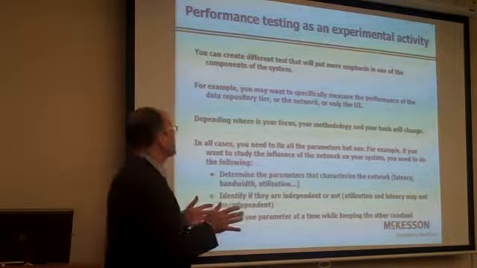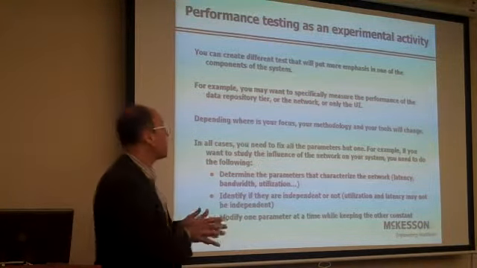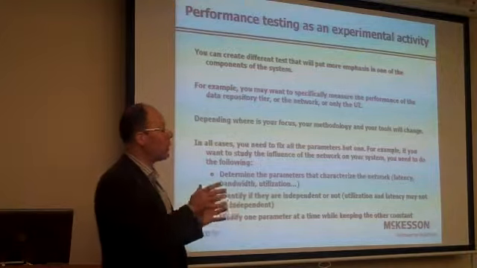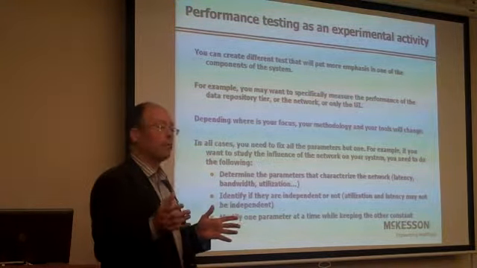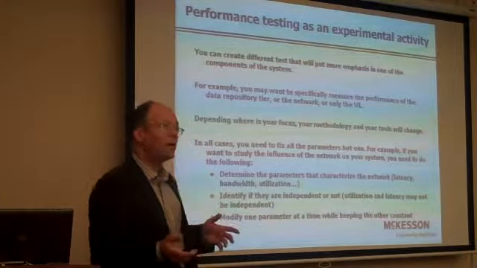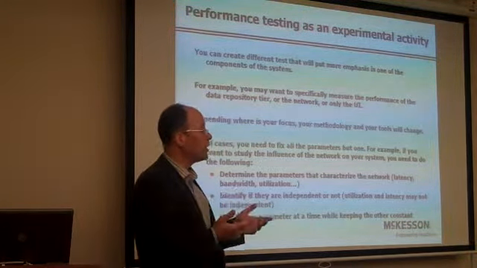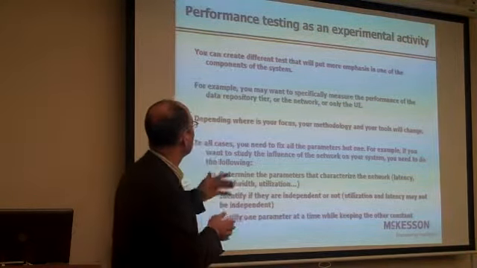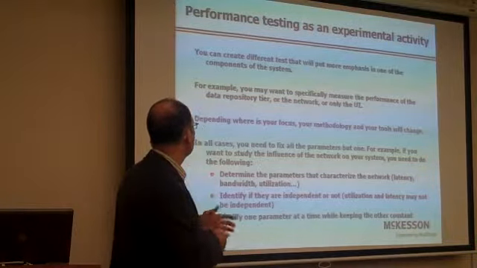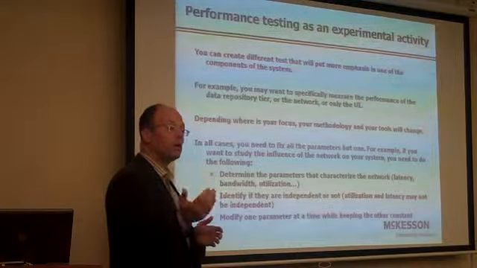Realize that you can put the focus on very different areas. Your performance problems can be in all these different areas. The fact that the performance that comes from the database is bad doesn't mean that the network is going to be good. However, when you design your experiment, you focus on one area. You can focus, in this example, on the database, or you can focus on the network.